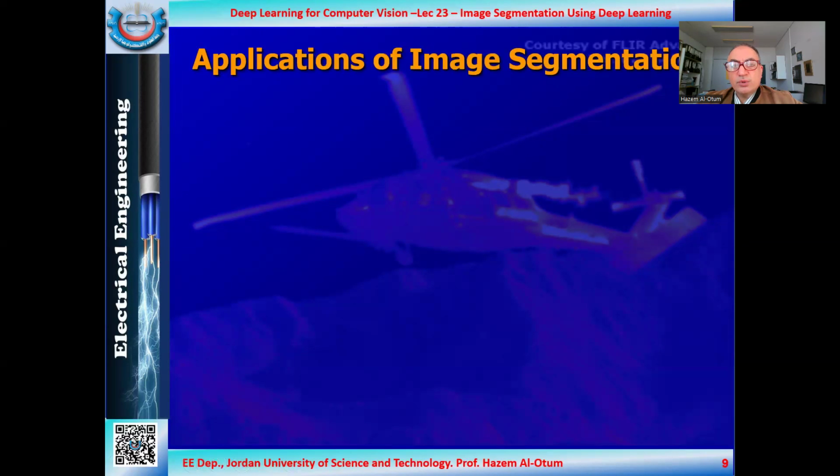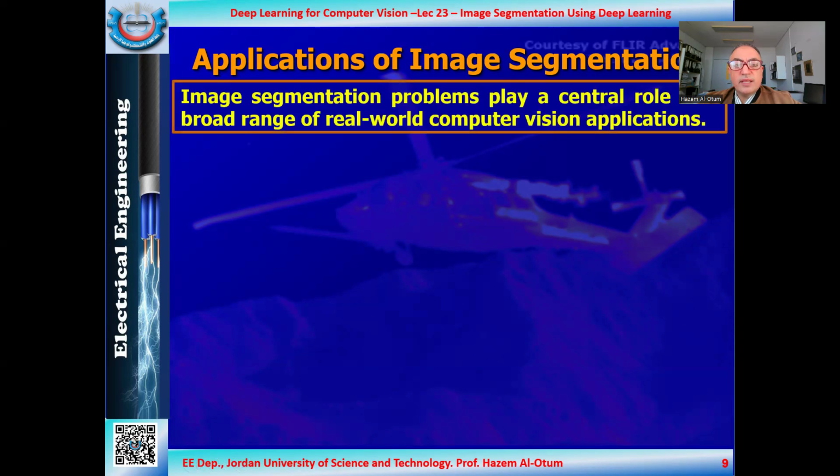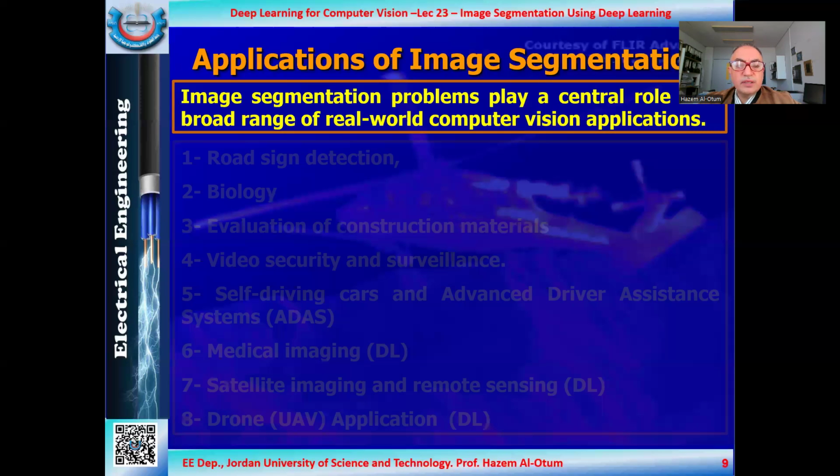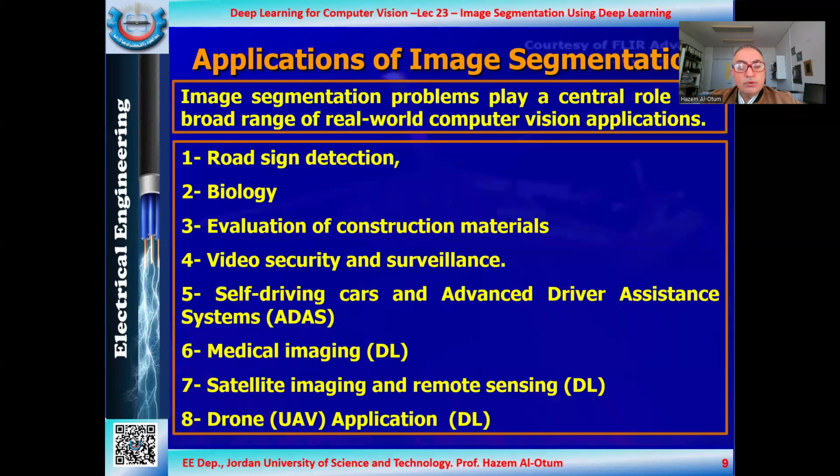What are the applications of image segmentation? You can see that there's a very long list of applications. This includes, as we have seen, road or traffic applications like road sign detection, lane detection, traffic sign detection. You can find applications in biology, in microscopy, etc. Evaluation of construction materials in buildings, etc. You can also see a lot of applications in video security and surveillance.